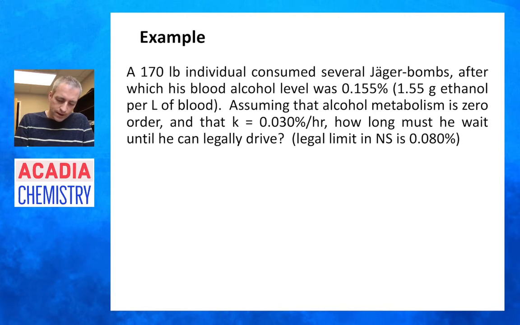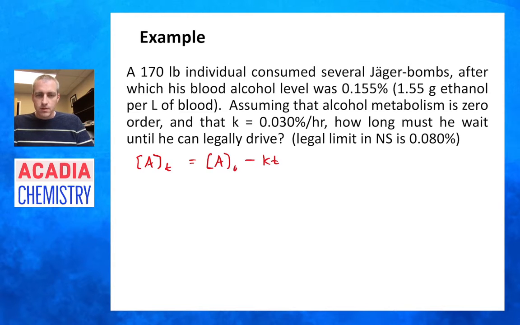Nevertheless, our equation is going to be our concentration of A at time t is going to be equal to whatever our initial concentration was, subtract k times t. Okay, so you start at some value, and then it's going to be removed at a very specific rate, which is k, and then however long you have is t.